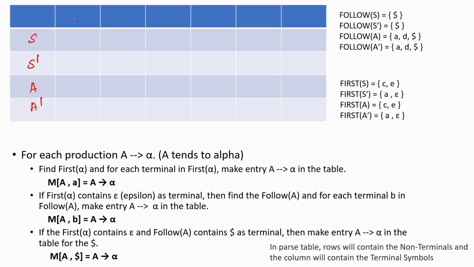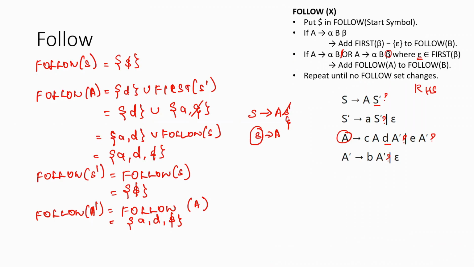In the columns, we have the terminal symbols: A, B, C, D, E and the dollar symbol. Another thing you have to remember is that follow will not contain any empty symbol. That's why we have to substitute the empty symbol in the production and find the follow of that particular symbol.